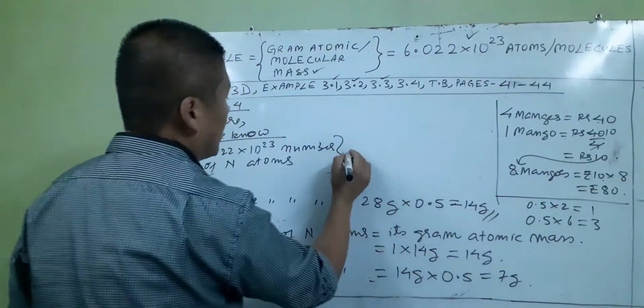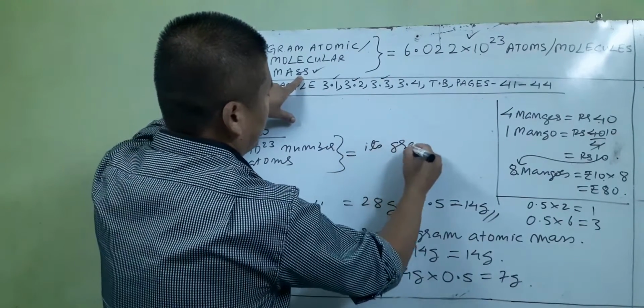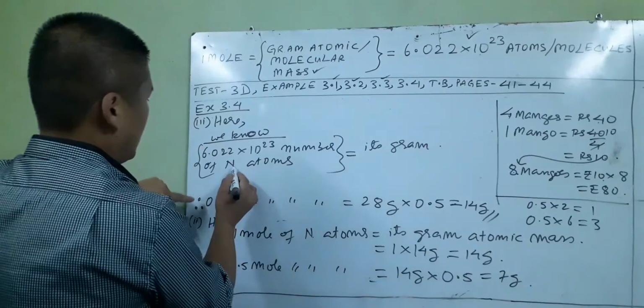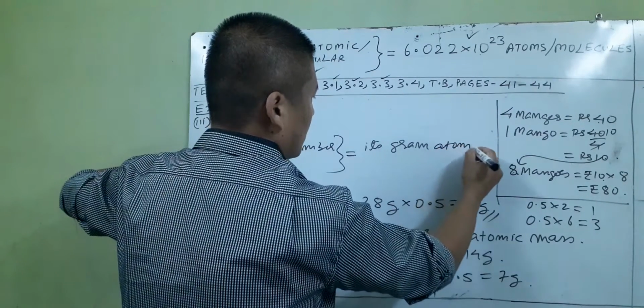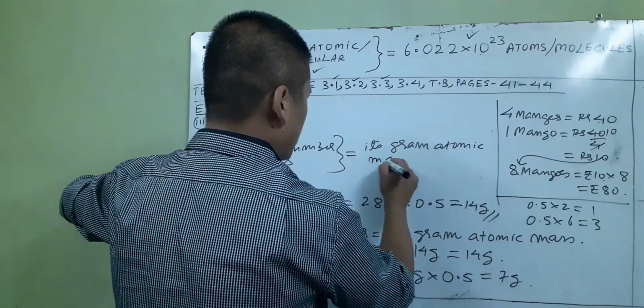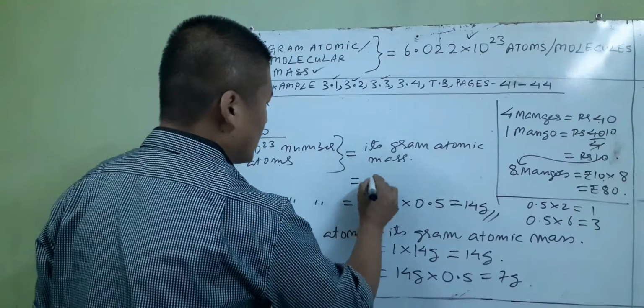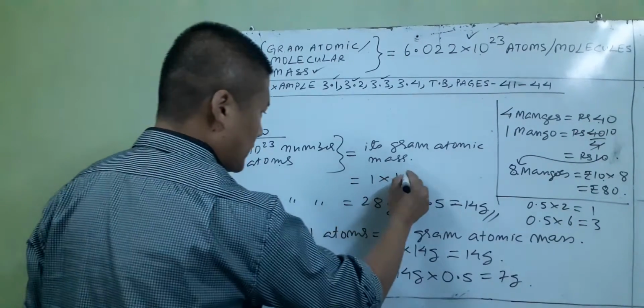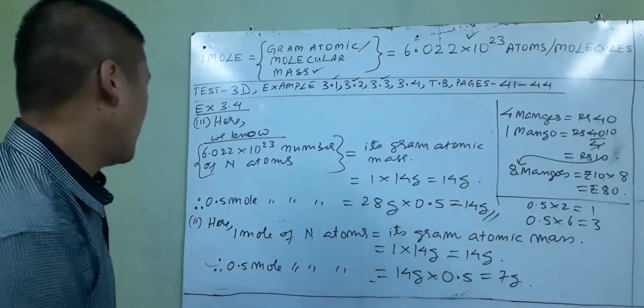It will be equal to, always, the mass, which means it's gram. The question says atom, so it is gram atomic mass of N, nitrogen. That is only 1 at the back, no number, so into 14. So 14 grams is the gram atomic mass of N.